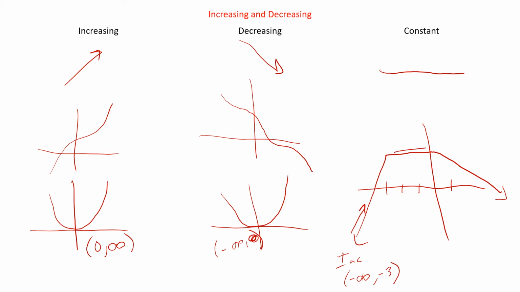It's constant from negative 3 to positive 1. And then it's decreasing from positive 1 to infinity. So telling whether something's increasing or decreasing is fairly logical. If it's increasing, it means it's going up. Decreasing means it's going down.